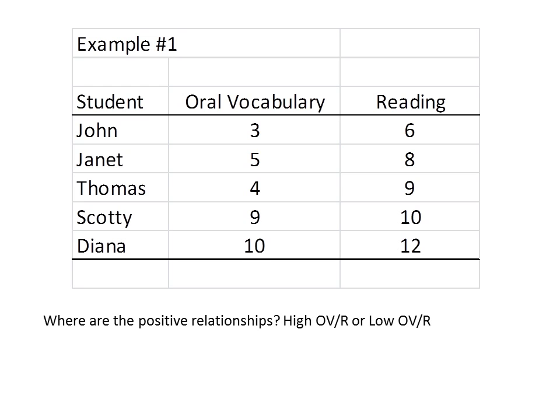As you can see, there is a positive relationship. Those who scored low on vocabulary, such as John, also scored low on reading, and those who scored high on vocabulary, such as Diana, also scored high on reading.